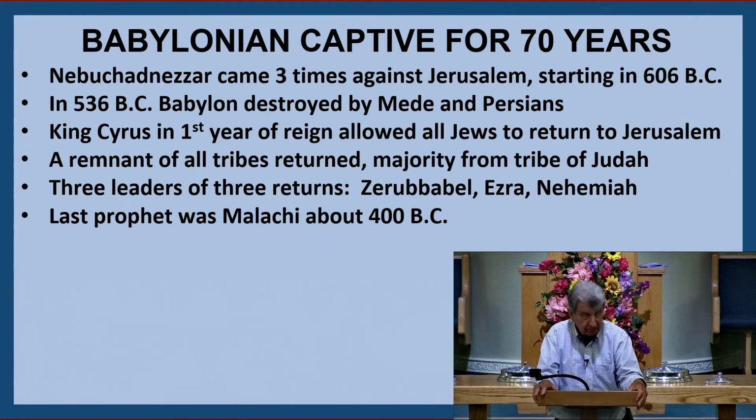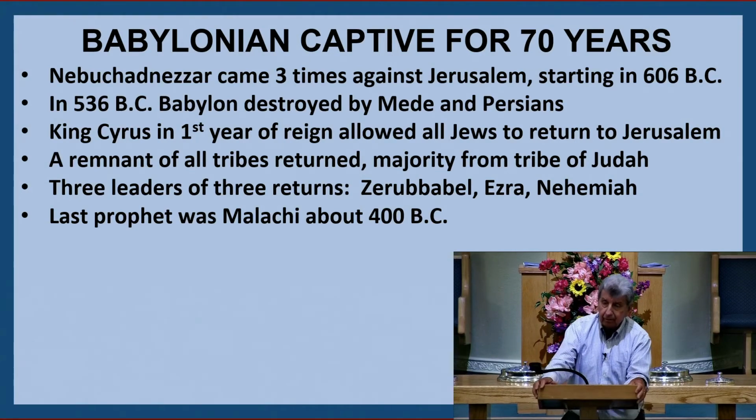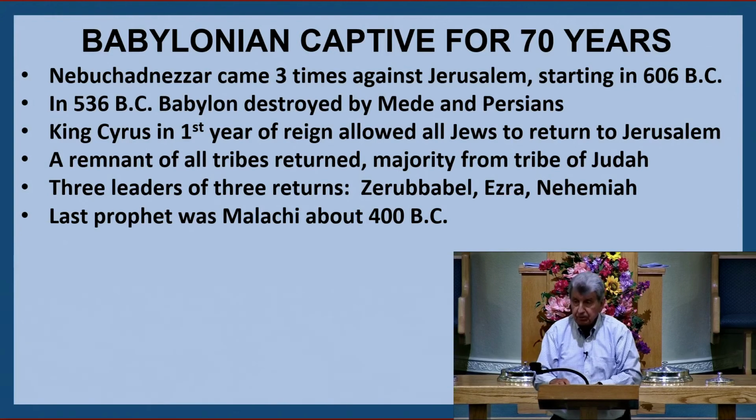And so when you get to the end of Malachi, who lives after the restoration, after Malachi lays his pen down, for the next 400, maybe a little over 400 years, there is not one single prophet.